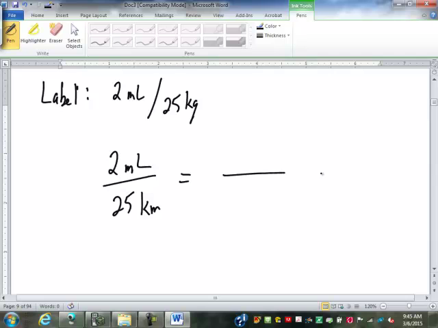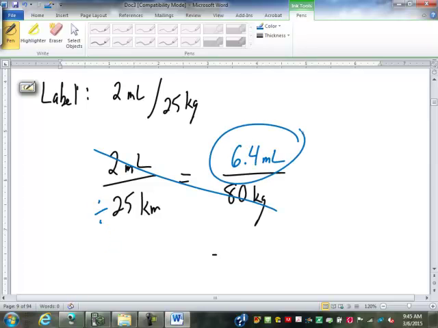And you have a patient that comes in that weighs 80 kilograms. Now the proportion method is actually the best way to do it, where you can cross multiply and divide. 2 times 80 divided by 25 is going to be 6.4 milliliters.